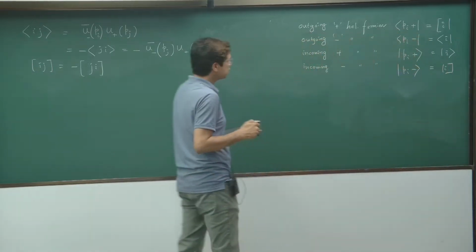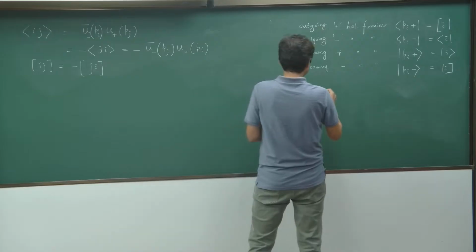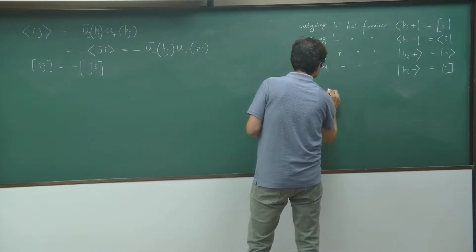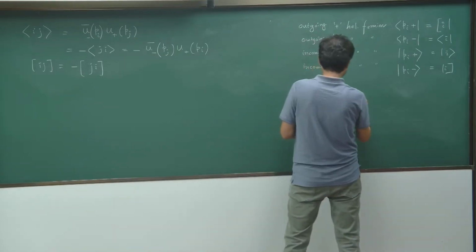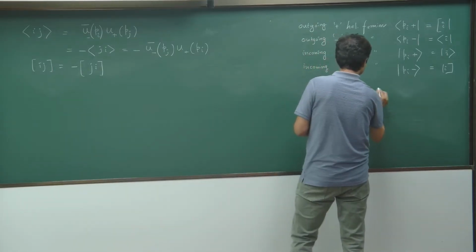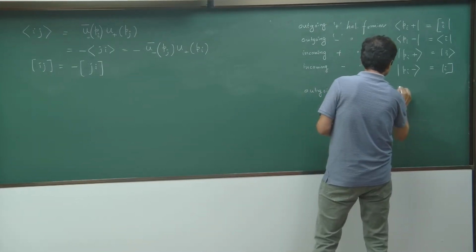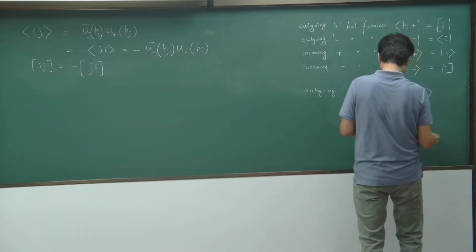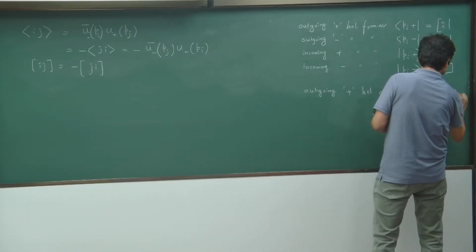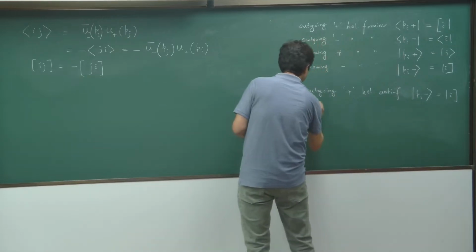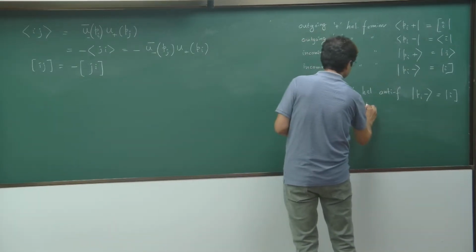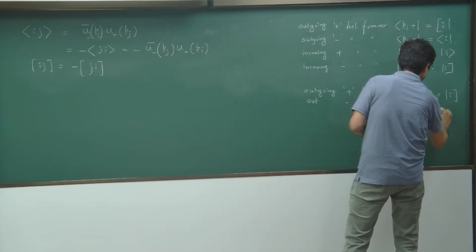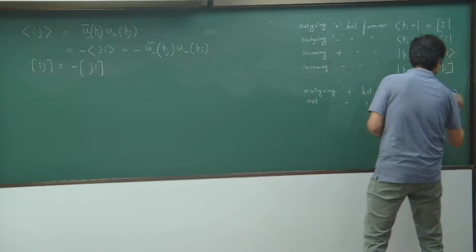This is the notation. And also let me write down for the anti-fermion case. So outgoing plus helicity anti-fermion, which is pi minus, and that is square. Outgoing minus helicity anti-fermion is pi plus, that is angle.